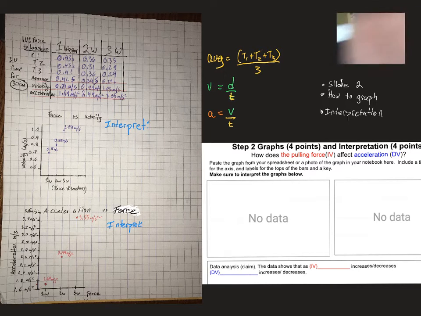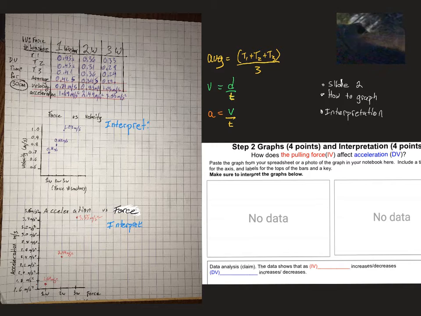Each point gives you 2 pieces of information. The left-right part tells me how much force was applied. The up-down part tells me the velocity. I can see right here what's happening to the velocity.